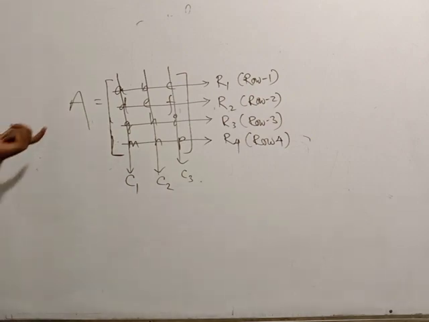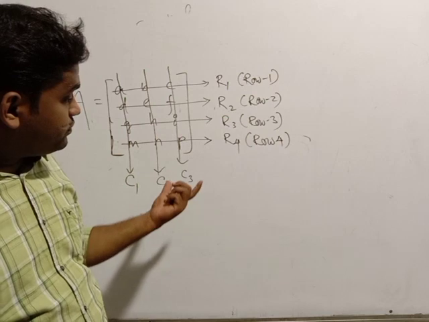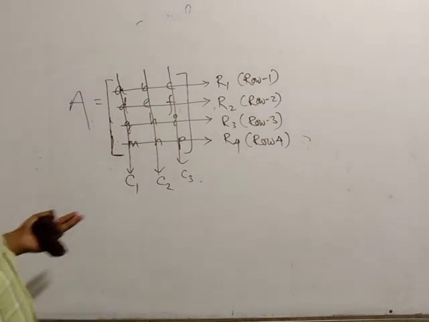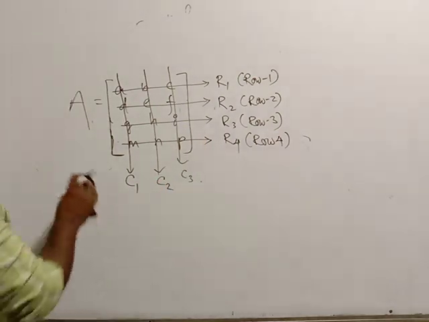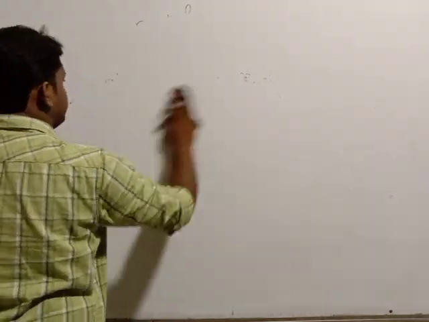So this is a matrix with 4 rows and 3 columns. So here we see what is a matrix, what are the elements of a matrix, and what is a row and column of the matrix. So next we go for order of a matrix.